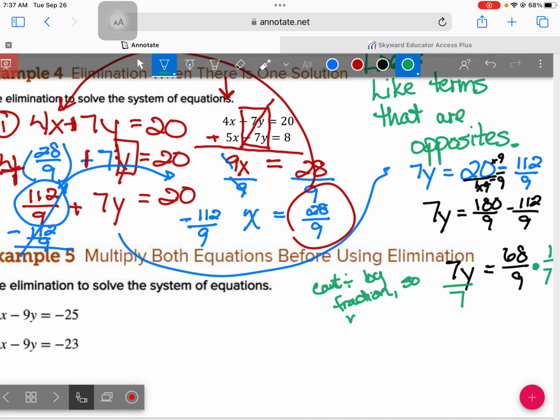So multiply by reciprocal. So my 7 simplify out. Y is equal to 68 times 1 is 68. And 7 times 9 is 63.